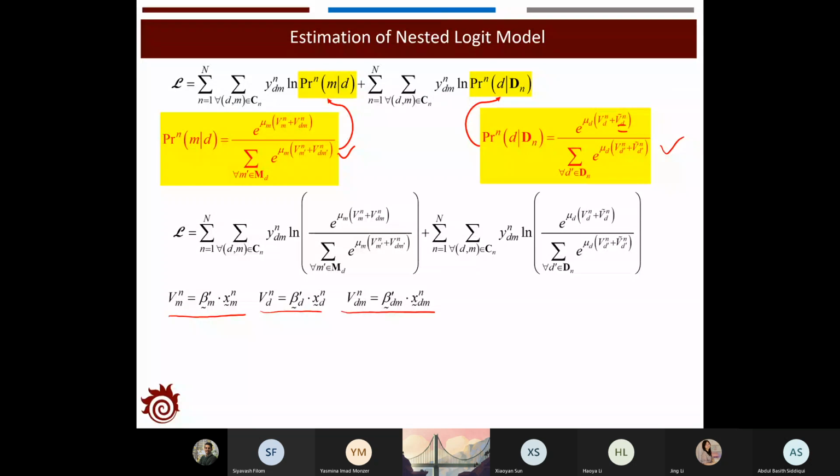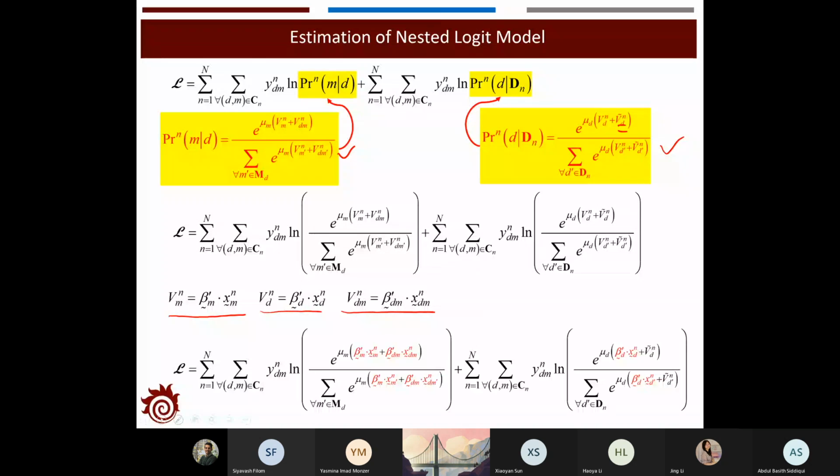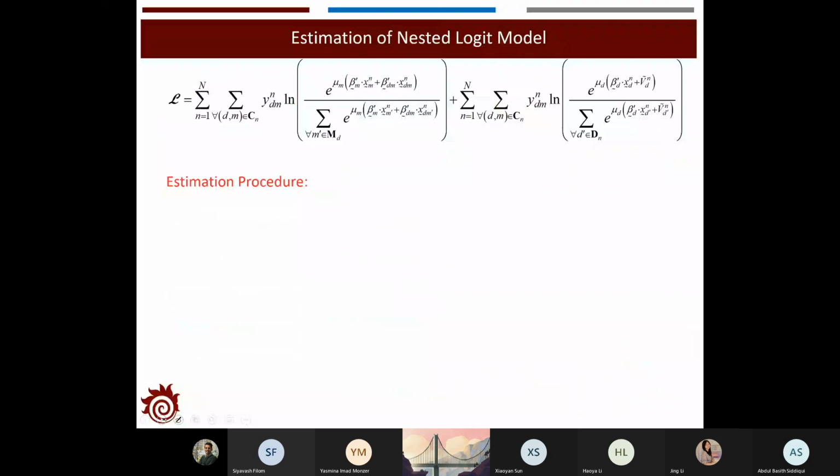And now put this expression in this formula. It makes the equation get more and more complicated. But let's try to work on this long equation to work on the estimation.